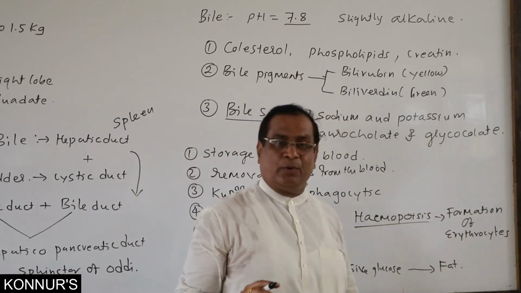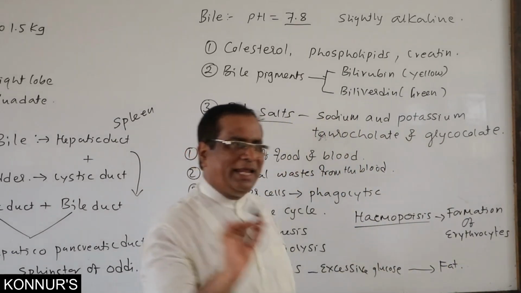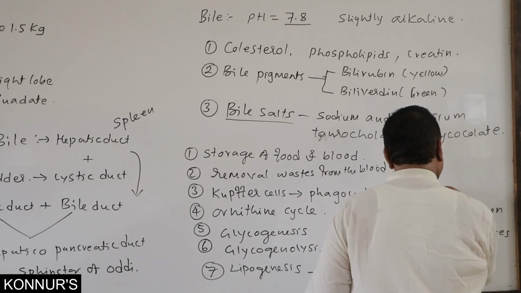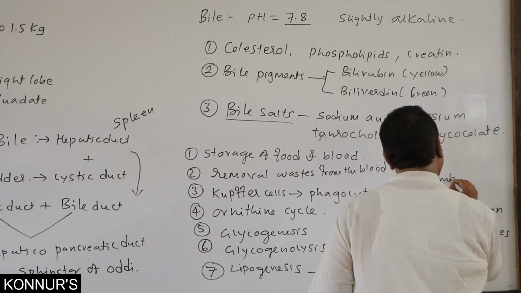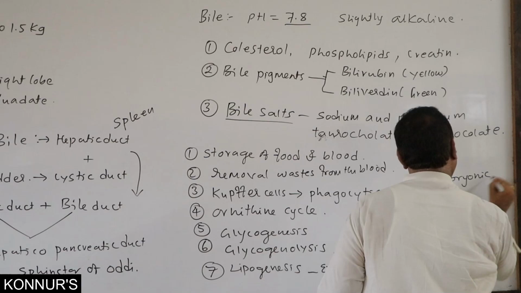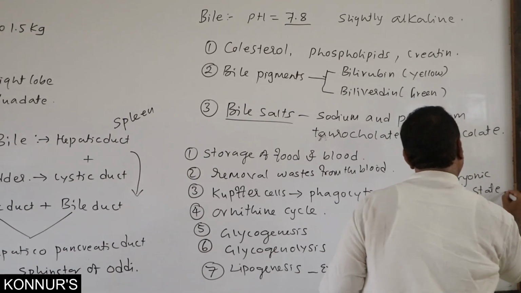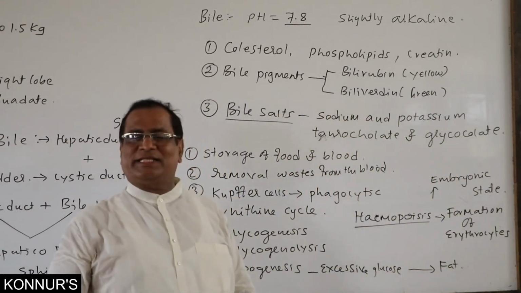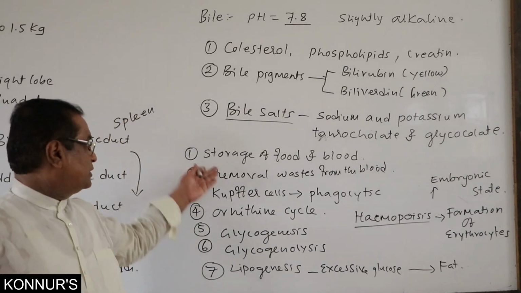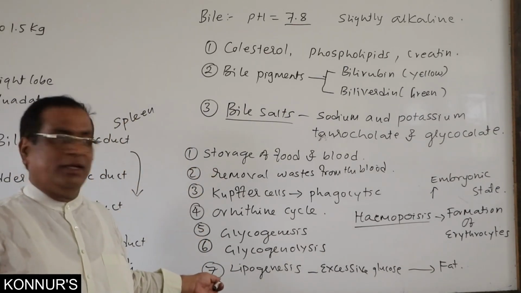Even RBCs are produced in the liver only in the embryonic state. These are all very important functions of the liver.